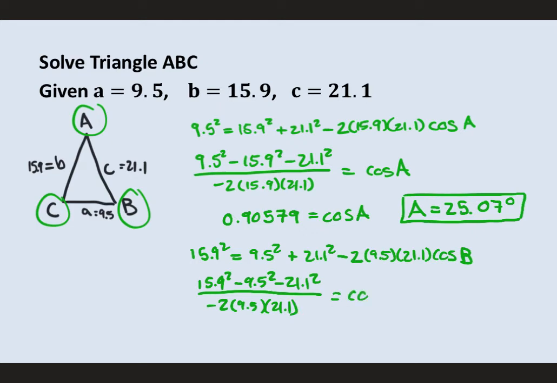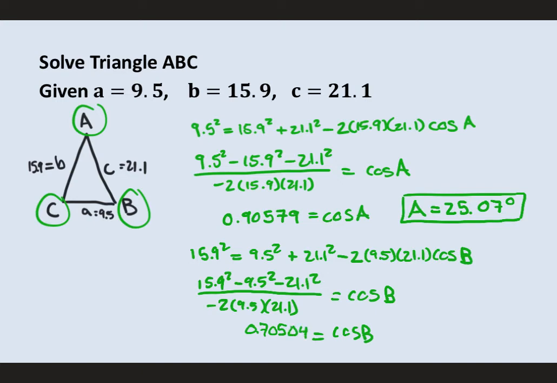the cosine of B. We'll plug it into our calculator again, and we get that the cosine of B is equal to 0.70504. That should be far enough.